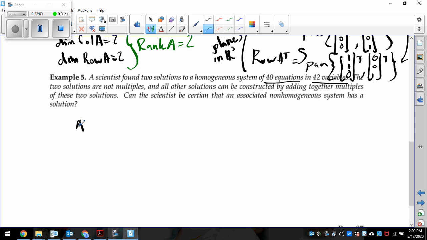So AX equals 0 has two solutions that are not multiples. And they want to know AX equals B. This is a non-homogeneous system. Does this have a solution?